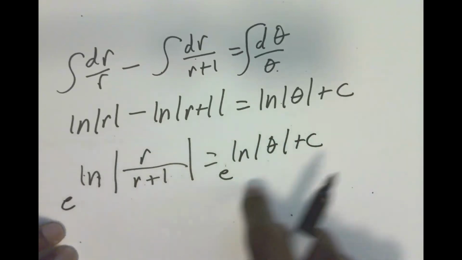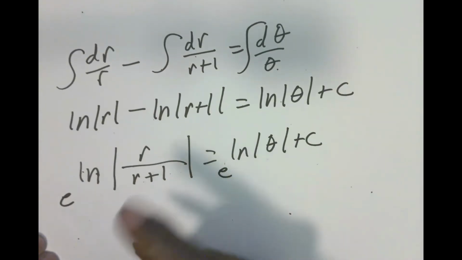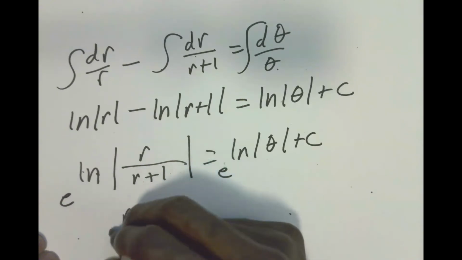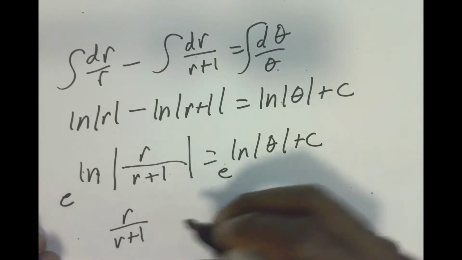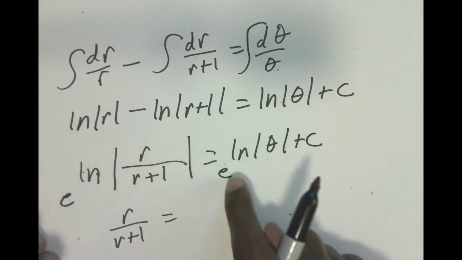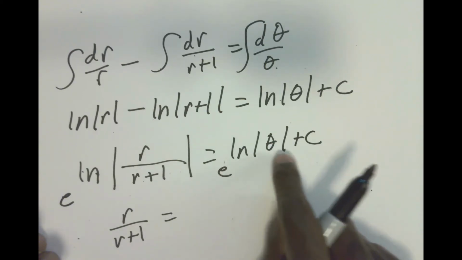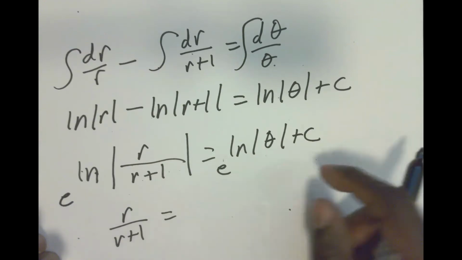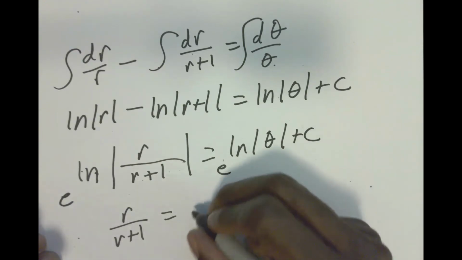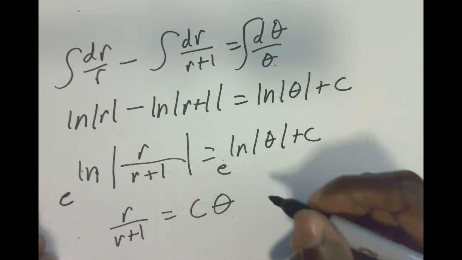If I make these both exponents of e, this leaves me with r over r plus 1 equals, now e to the ln theta is just theta, times e to the power c, which is just c. So this is going to equal c theta.